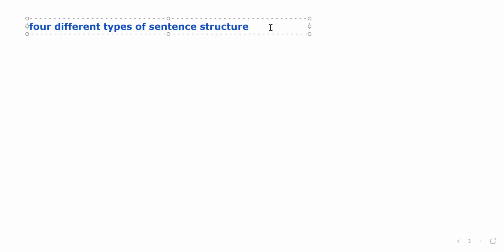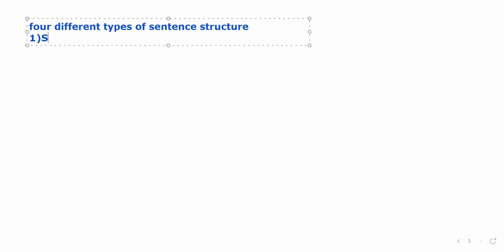Now, if I talk about sentence structure, we actually have four different types of sentence structures. The very first is the simple sentence.